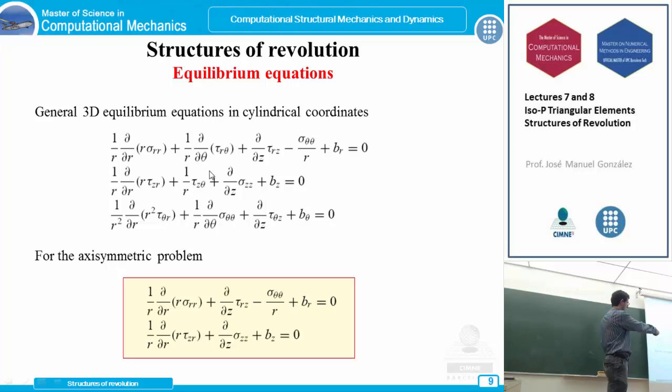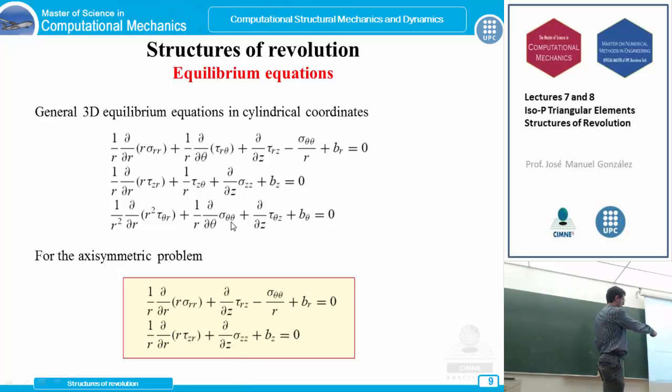So these tangential components vanish, so they simplify our equilibrium expressions, especially in this third equation, where this tangential component vanishes, and this circumferential stress remains constant with respect to the circumferential coordinate.